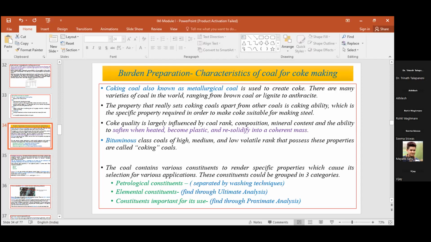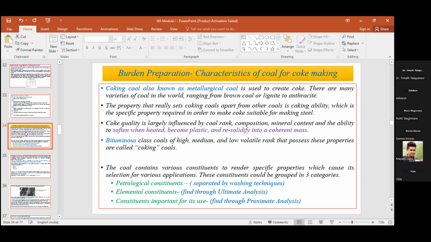Under the different ranks of coals, the bituminous class coals of high, medium, and low VM have these properties.